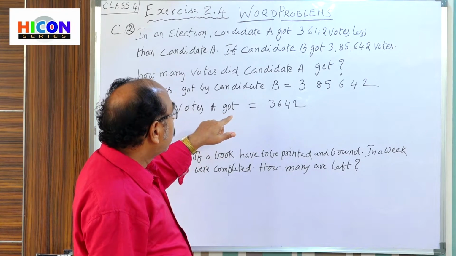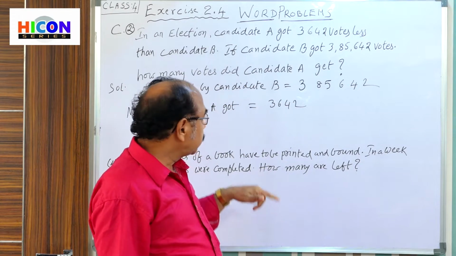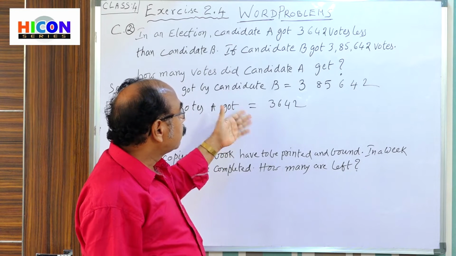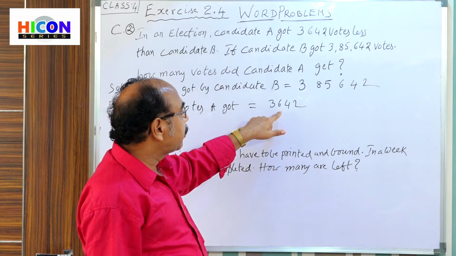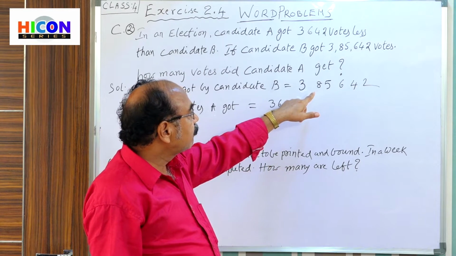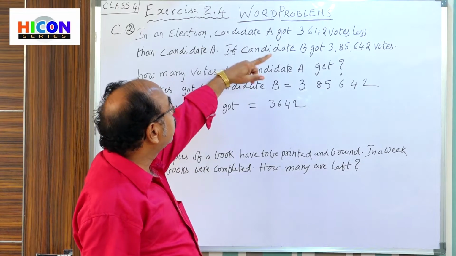So now votes got by A, to get this we subtract 3,642 from 3,85,642. Because less he got, no?